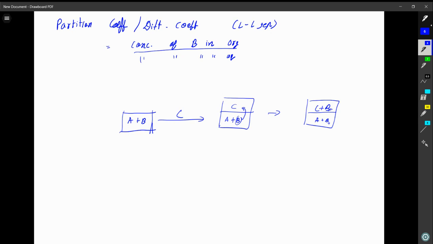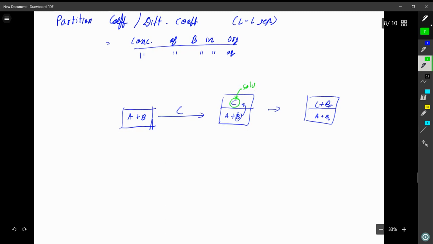So C is the solvent. You put C in to extract B out of the AB solution. This upper part, C plus B, which is rich in C, will have some A going up with it, and some C will go down as well, but that is not a big deal.